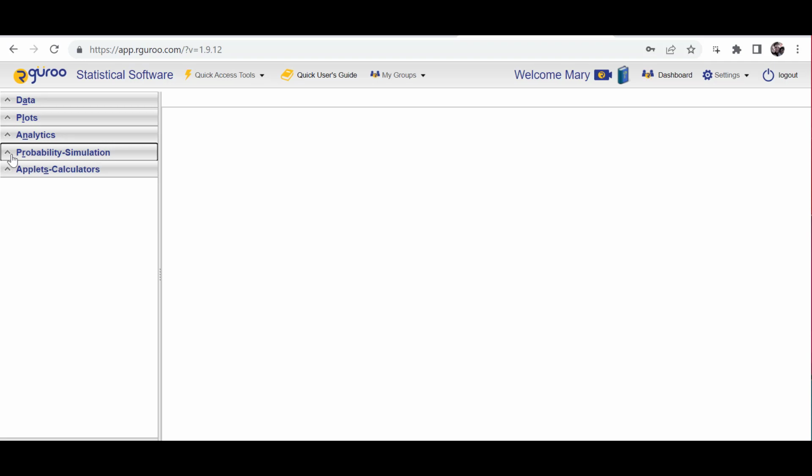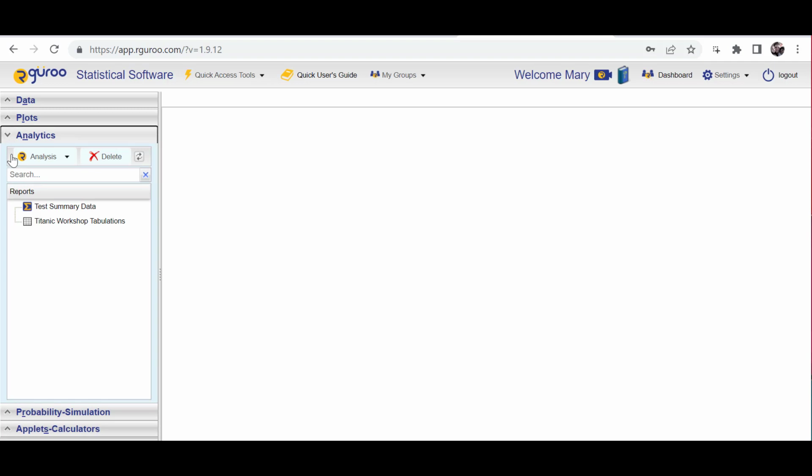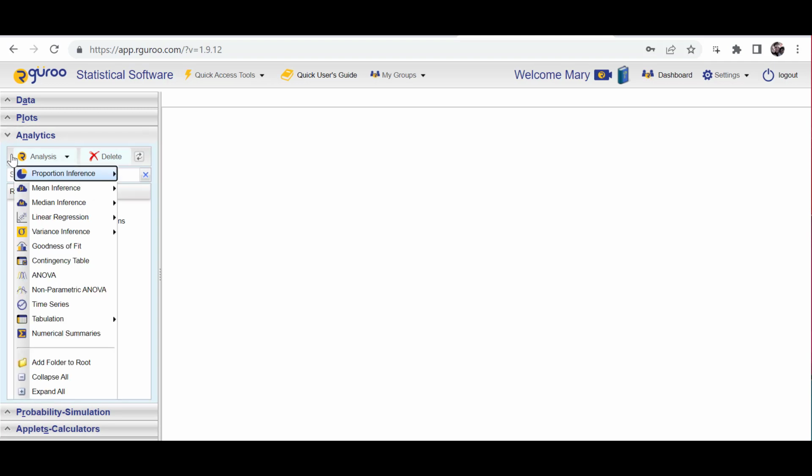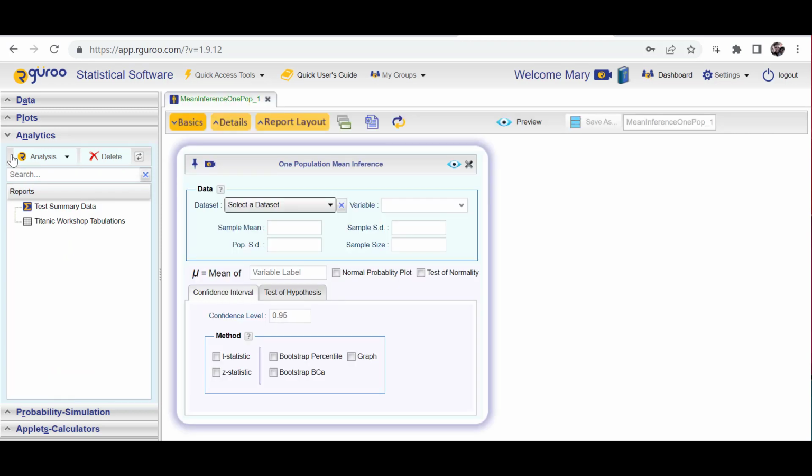You just go straight to the confidence interval. So we're going to go to analytics. In the drop down, you're going to choose mean inference, and you're going to choose one population. We don't have a data set, but we have a sample mean, and the sample mean for example 6 was 458.